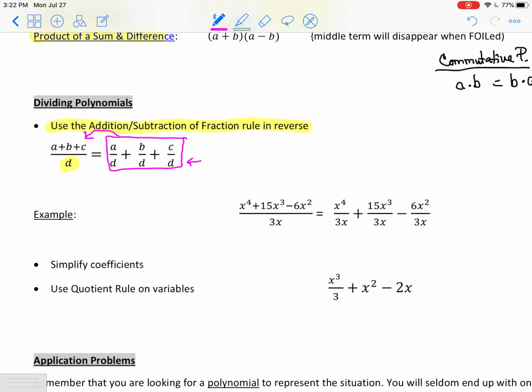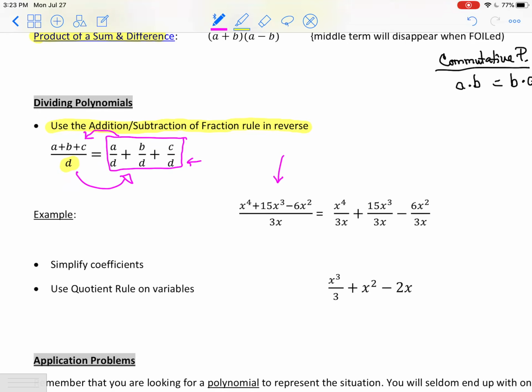Well, we can see that in Unit 11, we're kind of going the other direction. If we take a peek at our example here, we have 3 terms on the top, and they're all being divided by a 3x, or a monomial. Well, we need to kind of go this direction. We need to think about expanding that.